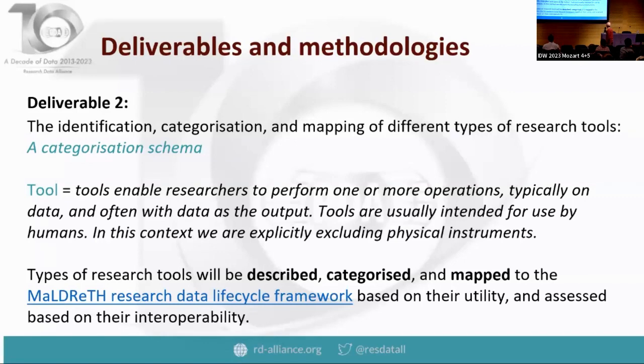Tools are usually intended for use by humans. In this context, we are explicitly excluding physical instruments. So again, it's not specific tools we're trying to look at, but types of tools. But to do that, we're looking at specific tools and then coming up with a typology. What we're trying to do is to describe, categorize, and map types of research tools to each phase in the life cycle.